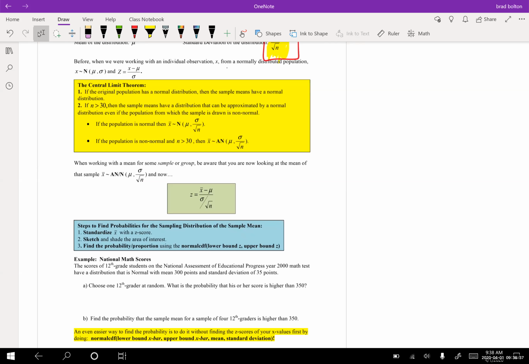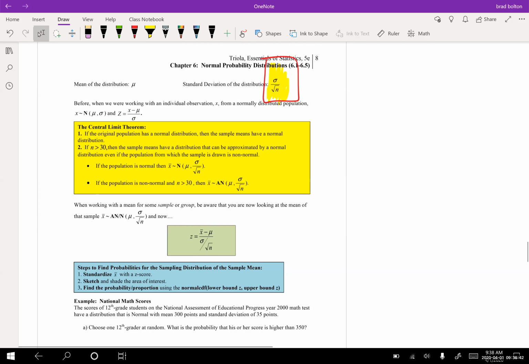So what the central limit theorem says: before, when we were working with an individual observation X from a normally distributed population, we could work with the normal distribution with the mean and the standard deviation, and Z is equal to X minus mu divided by the standard deviation.